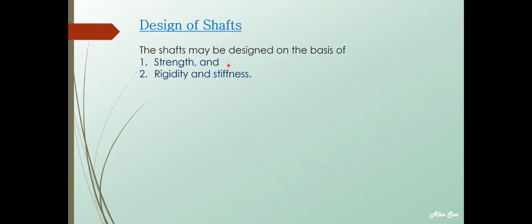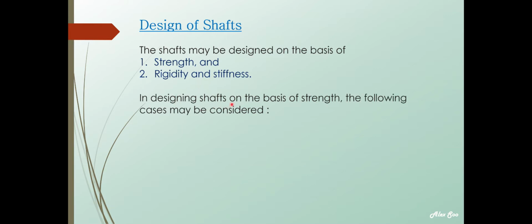And also we have to look into whether it is subjected to turning moment only, or bending moment only, or the combination of turning moment and bending moment. So these are the three cases that we will be looking at in the later part.